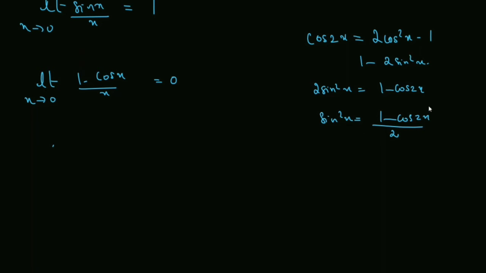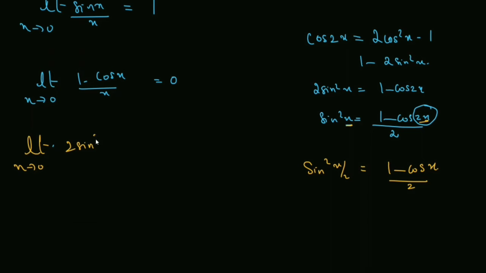So if it is 2x here, you have x; if it is cos 2x here, you have x. So 1 minus cos x will be 2 sin square x by 2. This is called the half angle form. So this is limit x tends to 0, 2 sin square x by 2 by x.